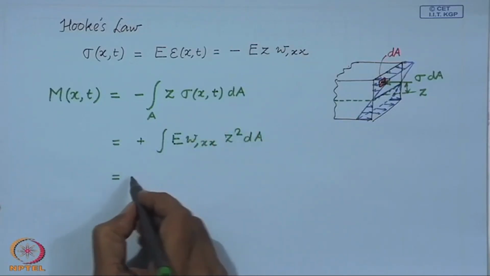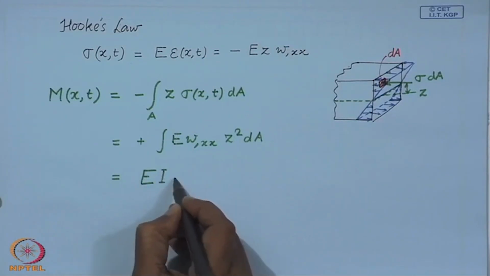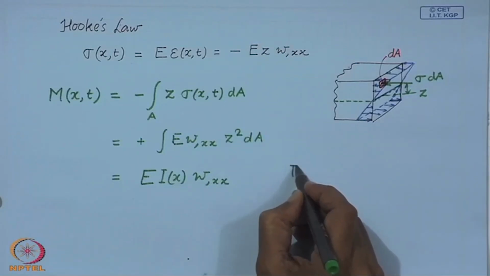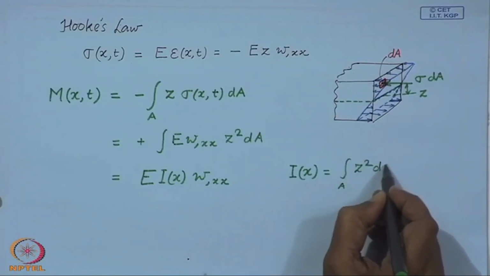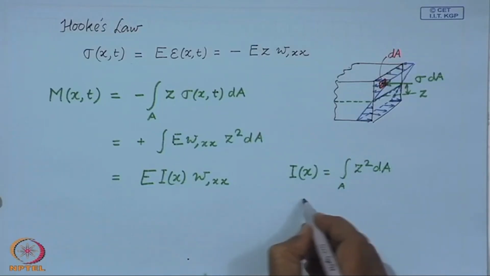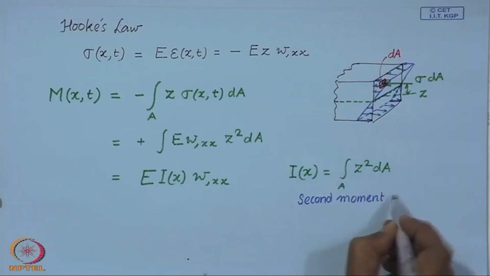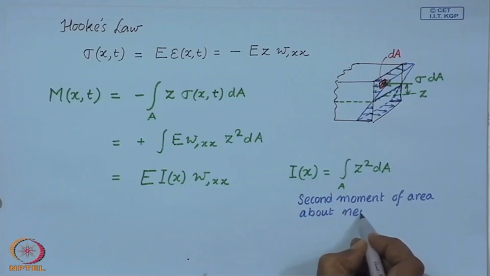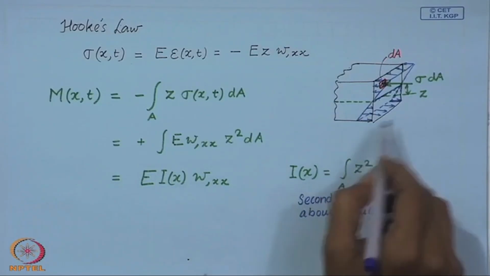So, that can come outside, and what we have here is I, which is known as the second moment of the area about the neutral axis. So, this is the moment that is acting on this cross section.